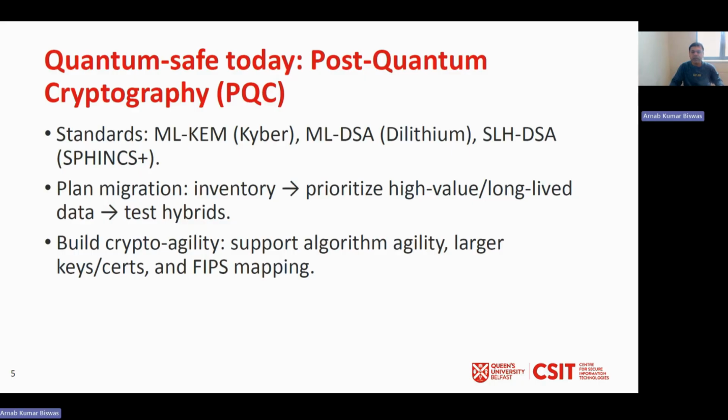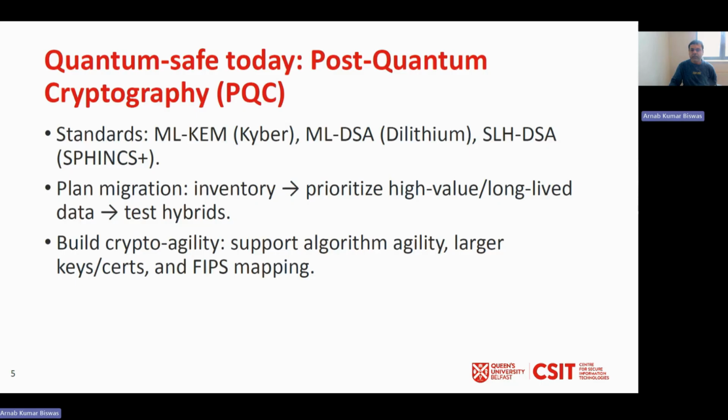Whenever we are talking about any kind of high value long lived data, there is this problem of store now, decrypt later, SNDL. If you store now, and you have high capacity, powerful quantum computers towards the end of this decade, then you can break all the asymmetric cryptography like RSA and gather the secrets.